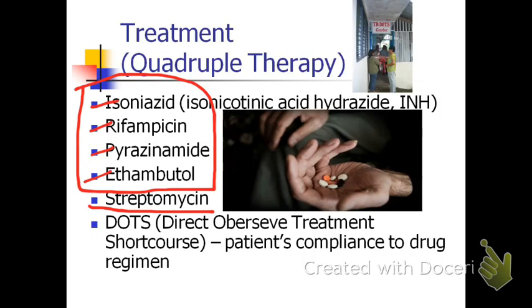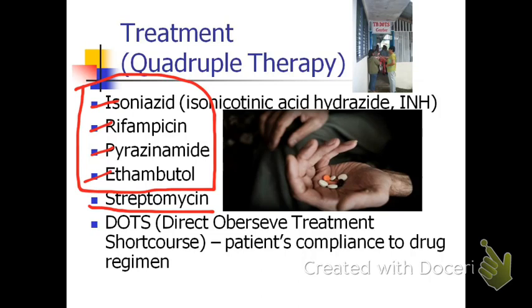In DOTS, each rural health unit or barangay is supposed to have a DOTS center wherein the patient would have to go daily to the center, and the person involved in the center, usually a community health nurse, would see to it that the patient is religiously drinking these antibiotics.